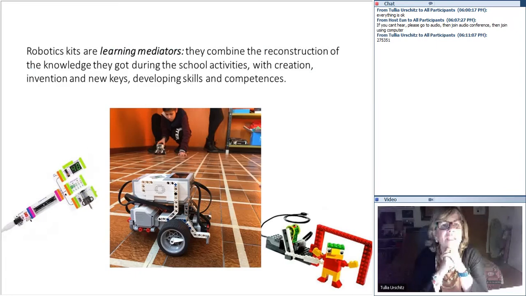This means that you can use robots to construct and reconstruct knowledge, to make students learn how to solve a problem, and immediately try to find the solution and check if the solution is good. It's not important which kind of robotic kit you use.